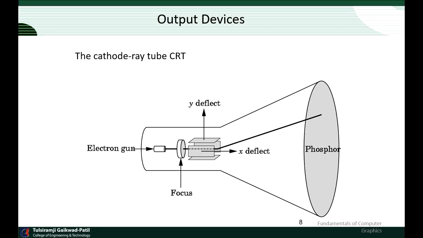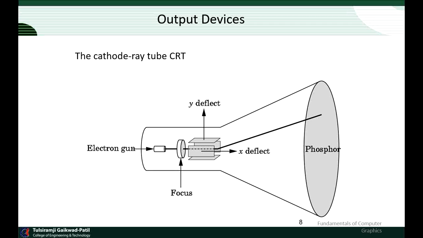The electron gun will generate the electrons. They pass through the focusing system, then go through the deflection plates, or deflection system, and strike on the phosphor screen, and according to the graphic system it will display on different parts of the screen.